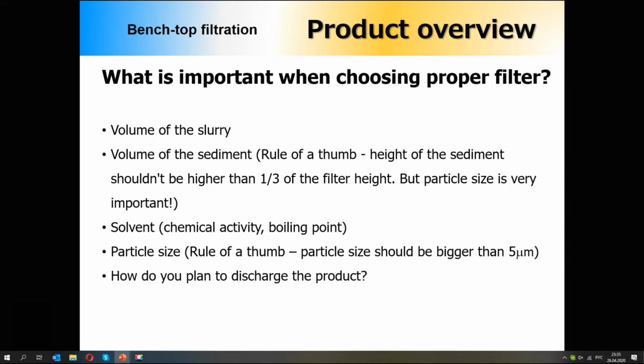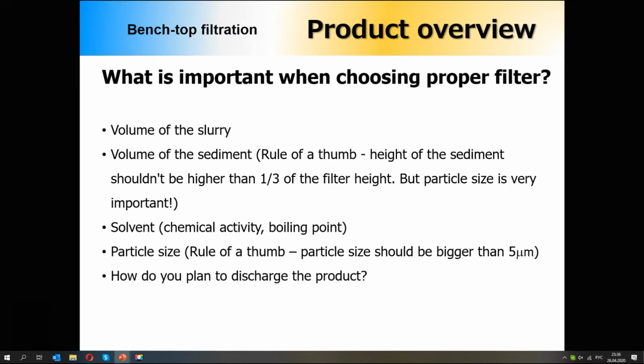You can easily purchase a 5 liter filter, but it should be a pressure filter, and you can easily pump all of your mixture through this filter. Of course, it should have a relatively big surface area in order to do the filtration really quickly.